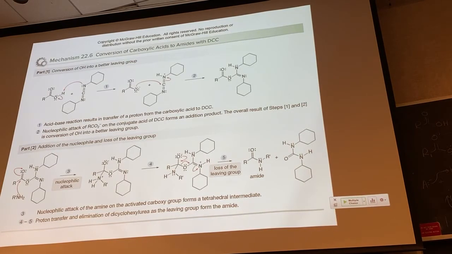Yes, please. Okay, there's 4 atoms in between. So if you include the nitrogen and the proton, how many atoms would there be in the cyclic transition state? There would be 6, okay?